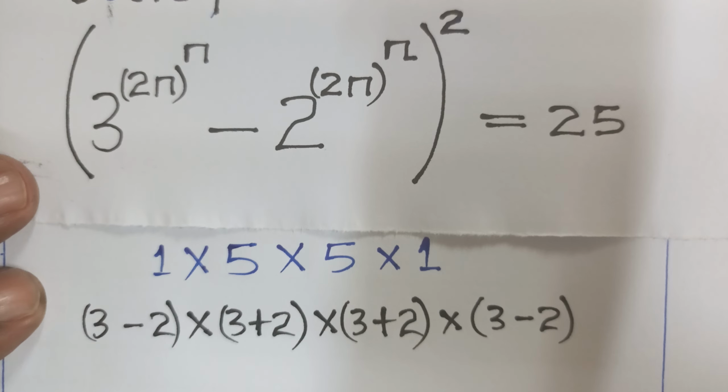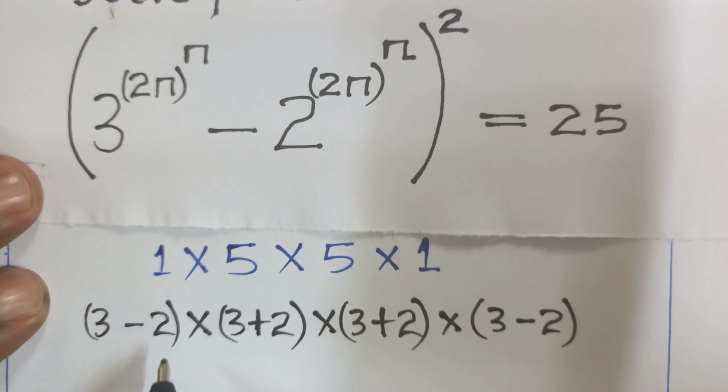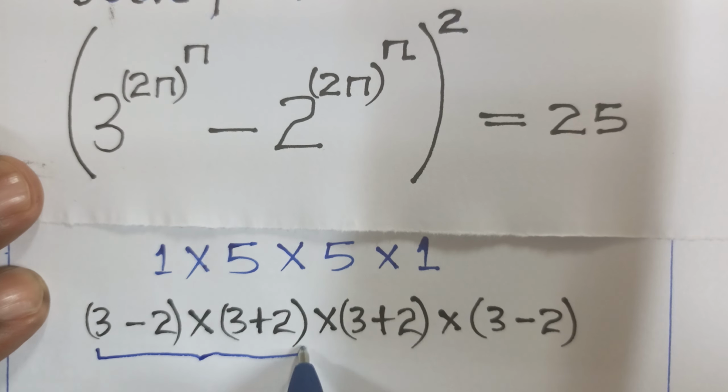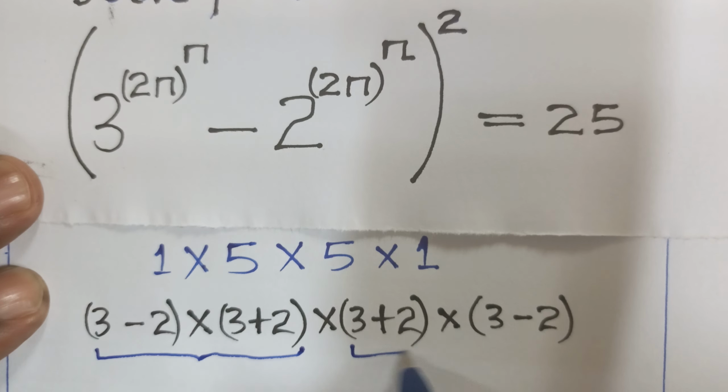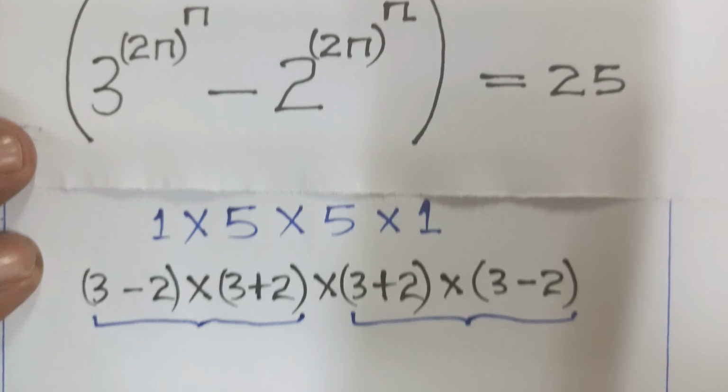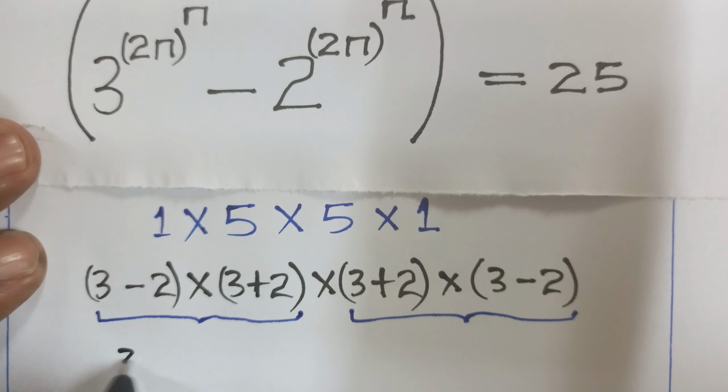Now from there, I will combine these two. I also combine this. So guys, when I do that, I'll get 3 squared minus 2 squared. And guys, this is difference of 2 squares.